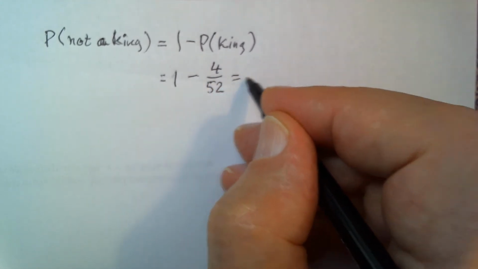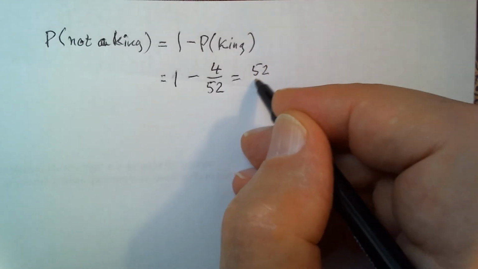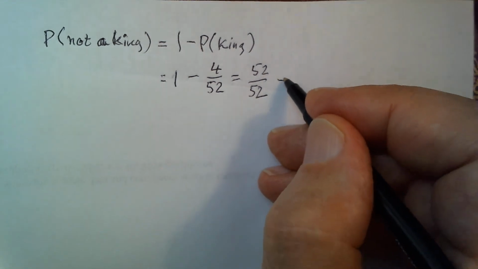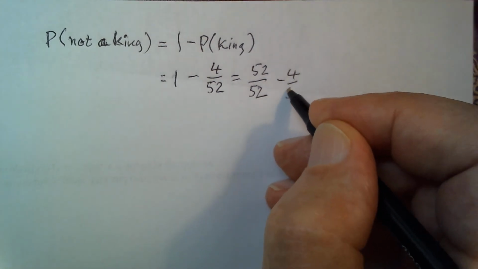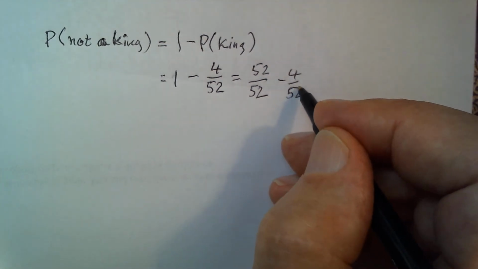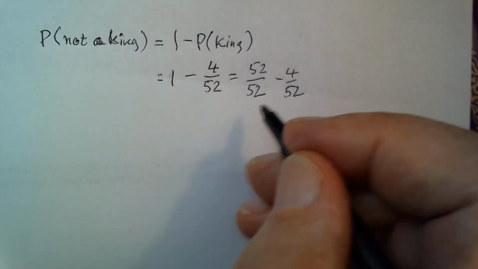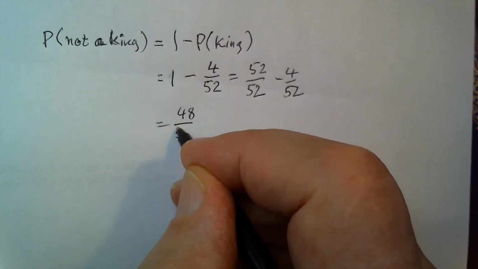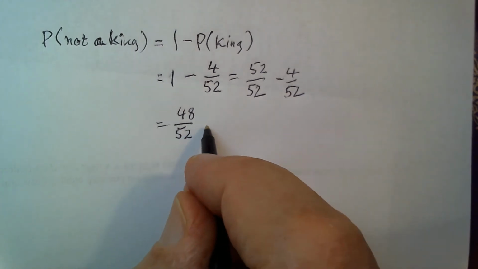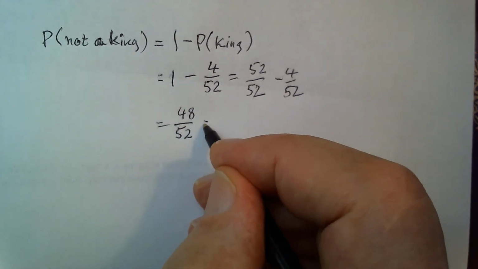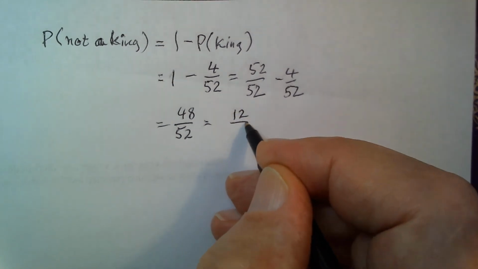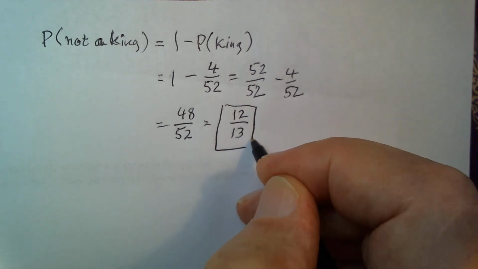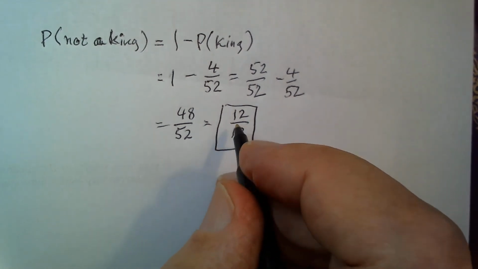And so that's equal to 52 divided by 52, that's our 1, minus 4 divided by 52. And 52 minus 4 is 48 divided by 52. And that's equal to 12 divided by 13.